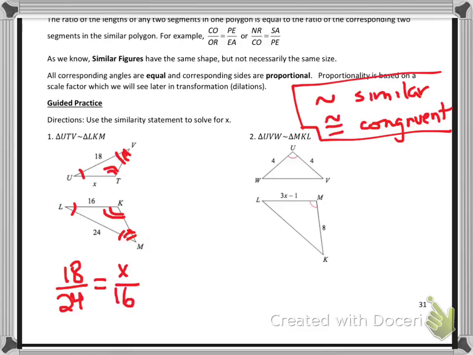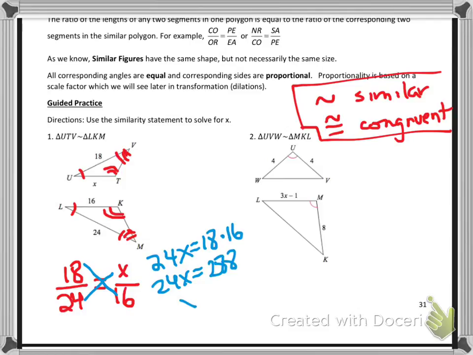The best way to solve equations of this sort is what we call cross-multiplying, where we multiply top to bottom like that, top to bottom like that, and set them equal to each other. So 24x equals 18 times 16. 18 times 16 is 288, so 24x equals 288, and then I just divide, and I get x equals 12.